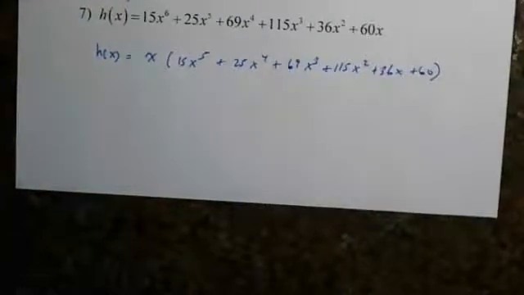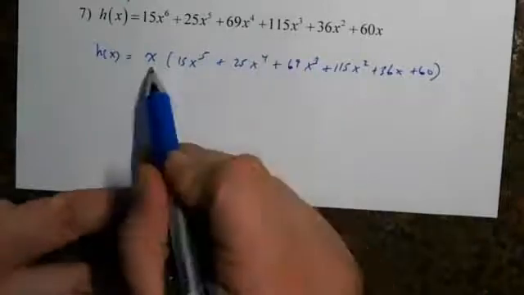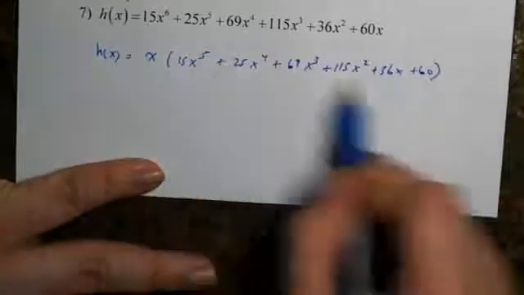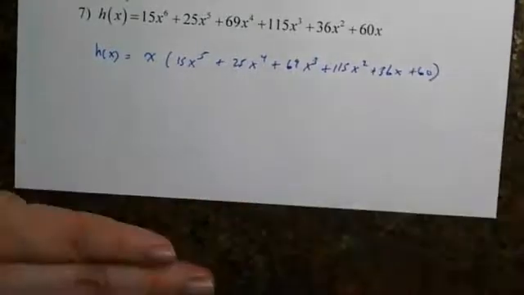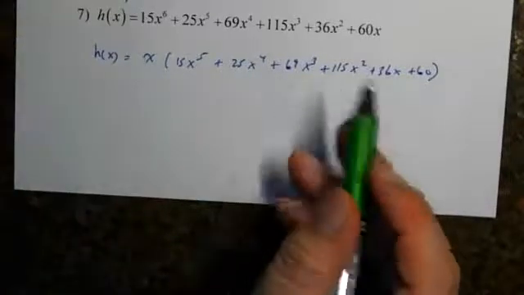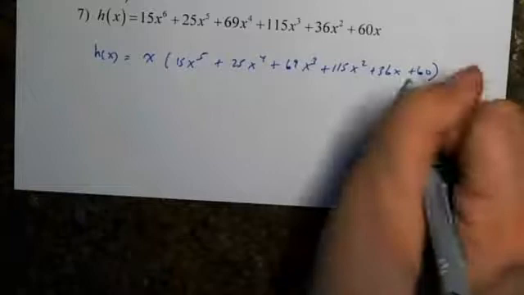See, and then when you set these equal to 0, one of your zeros, one of your solutions to the equation, is 0. And then you set this one equal to 0, and then you have to go through the process we just did.